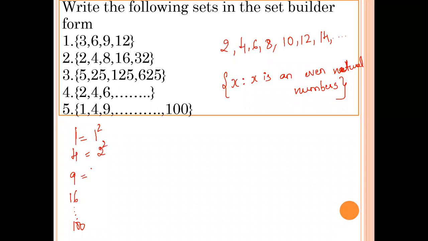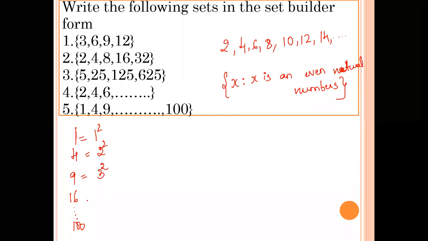Then 9 can be written as 3 square. Then 4 square, and so on. So 100 can be written as 10 square, correct?